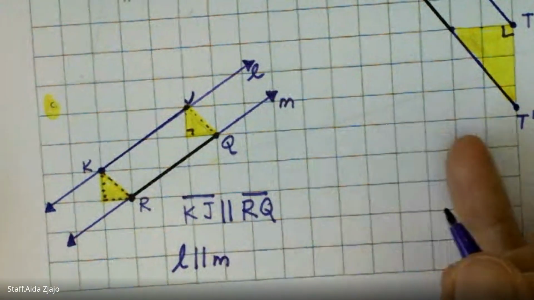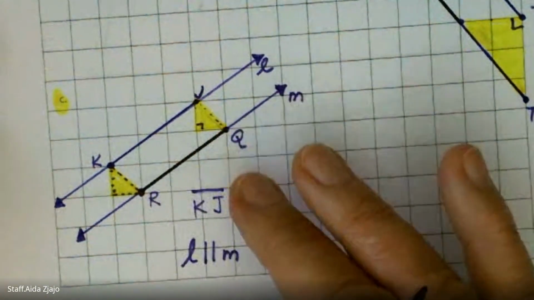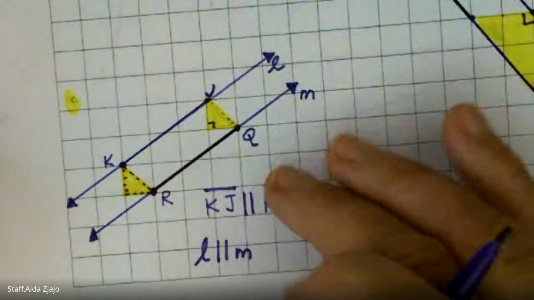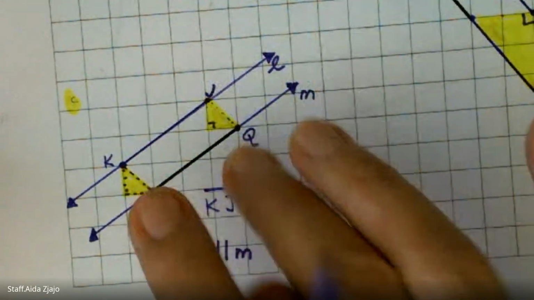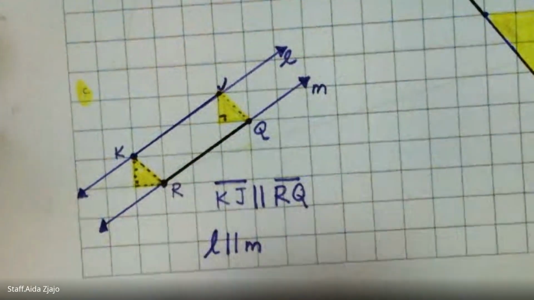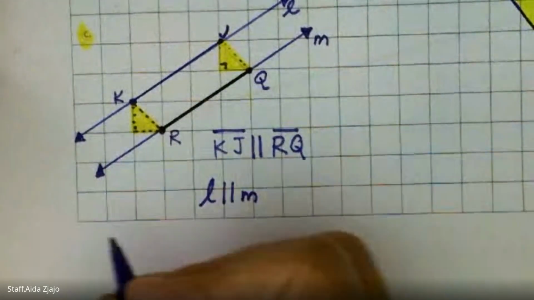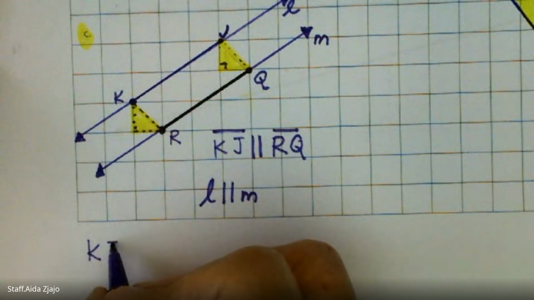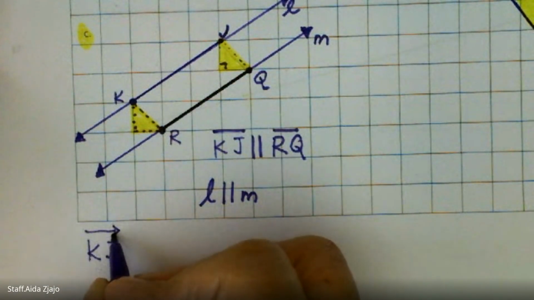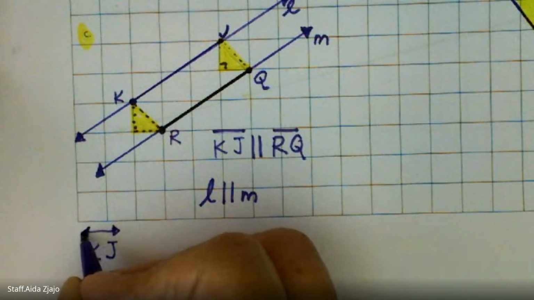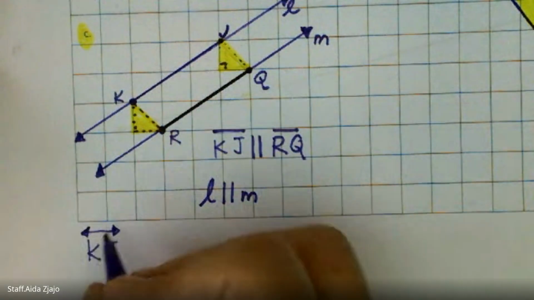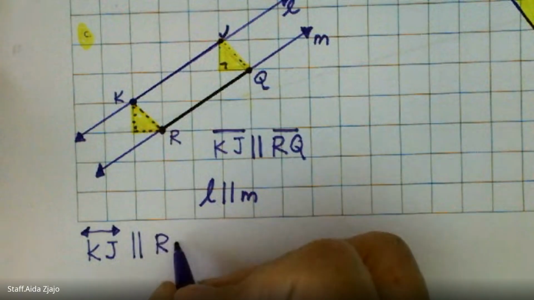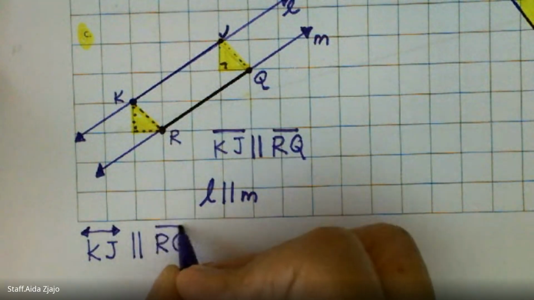Or we can use a label with the points, but now if we represent the lines that are parallel with these two points on each line, then our label will be different. It will be like this: KJ line, and then I will use the arrows on both sides, is parallel to RQ line.